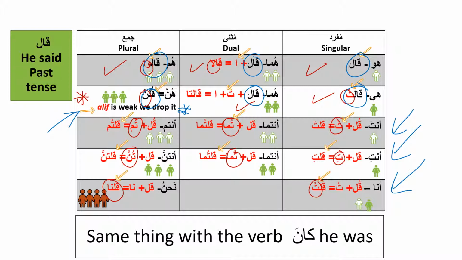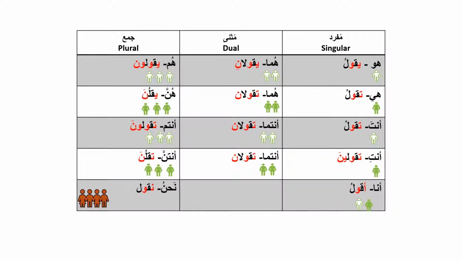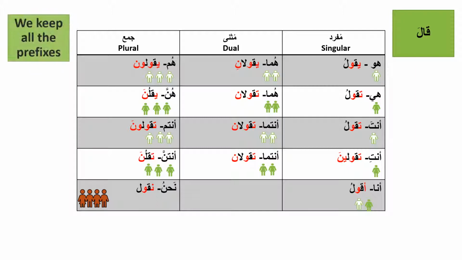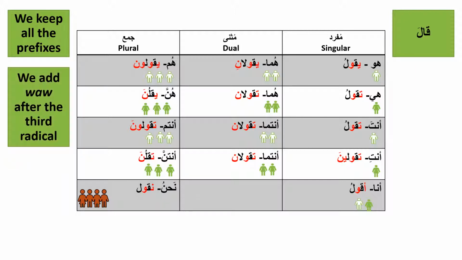Let's continue the same verb قال with present tense. Now let's work on present tense for the same verb قال. We keep all the prefixes. The same prefixes we use for present tense, we use for فعل أجوف. We add واو after the third radical.